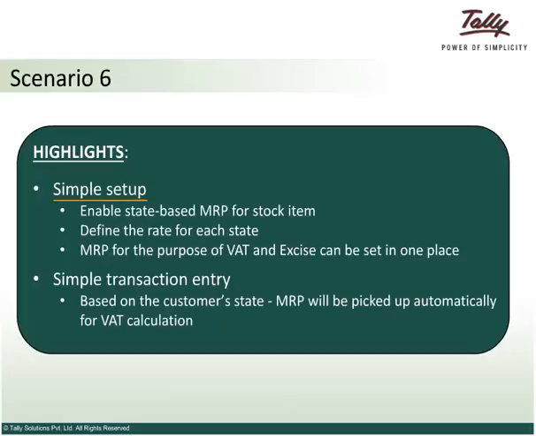As we have seen in the demo, it was simple to set up VAT based on state-based MRP. In fact, we could set the MRP for the purpose of VAT and excise in one place, making it convenient for users. And, while making the sales invoice entry, the MRP will be picked up automatically, based on the customer's state.